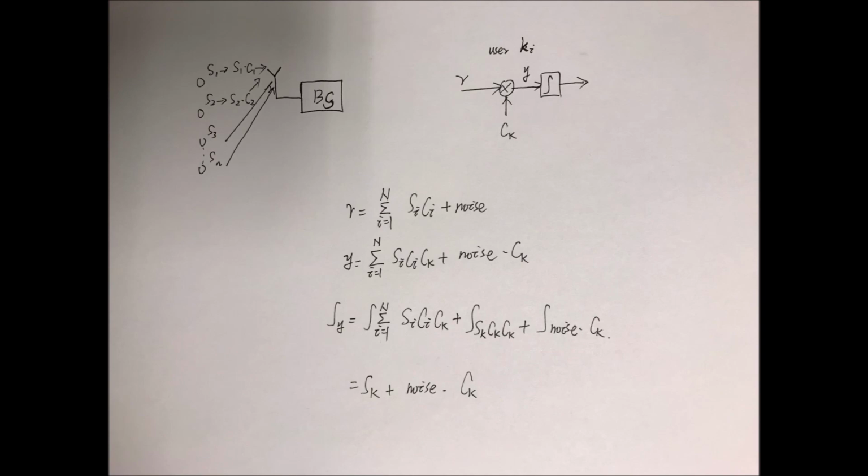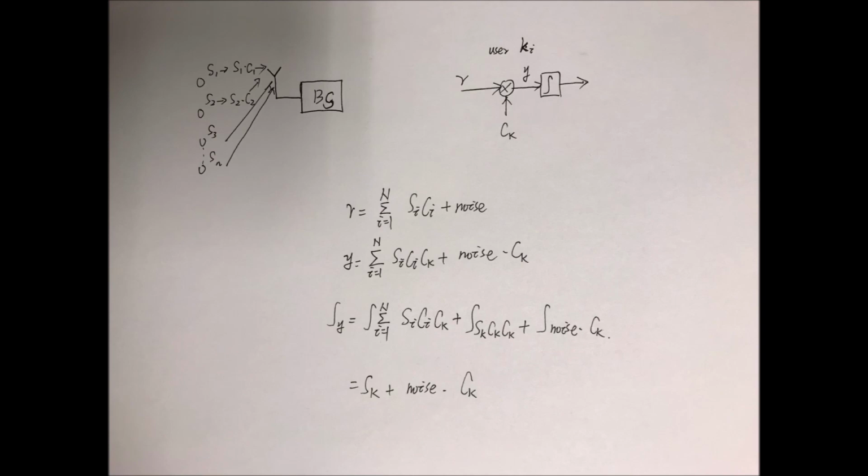I call the result Y. So Y will be the sum of Si Ci CK, plus noise times CK. Any problem here? I just multiply CK to R.